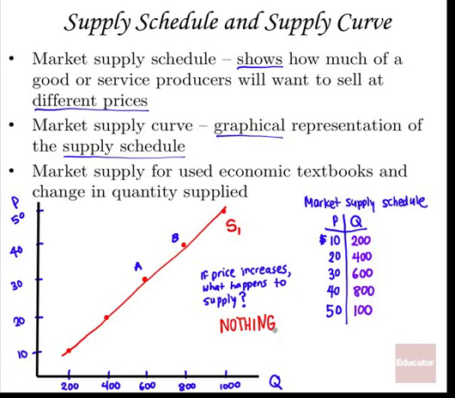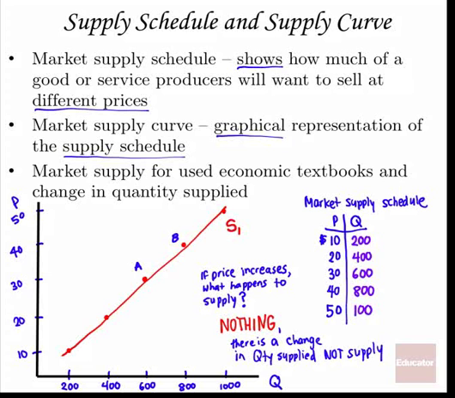Why nothing? There is a change in quantity supplied, not supply.